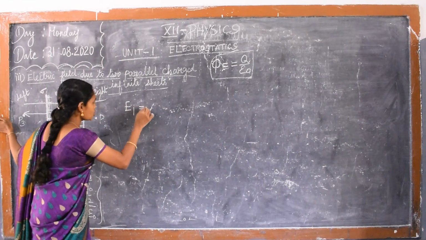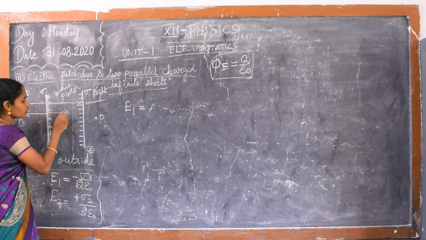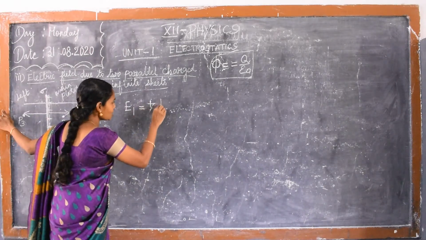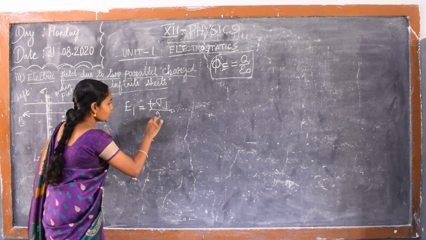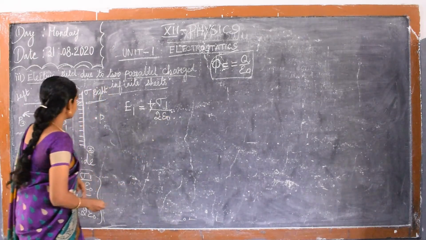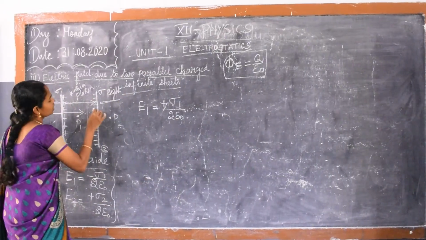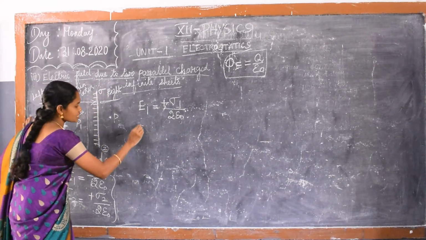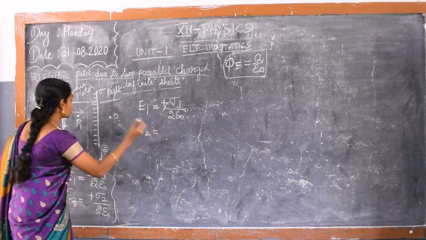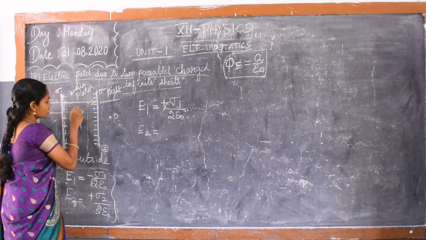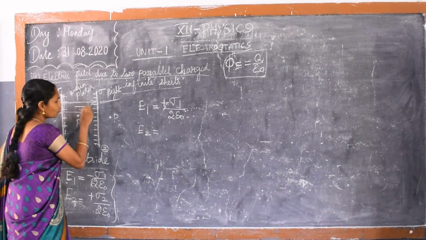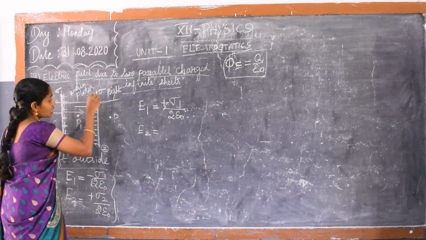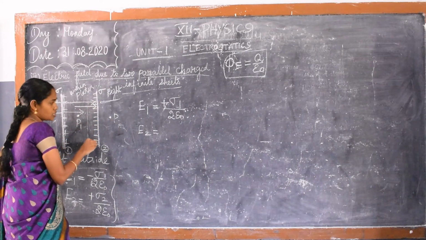So E1: the direction of the electric field lines is towards right, so I put a plus sign here, sigma 1 divided by 2 epsilon naught. Okay, now we will calculate the electric field due to the second plane sheet, that is E2. At the same point, the electric field line is also in this direction. Why? Because here the charges are negative charges.